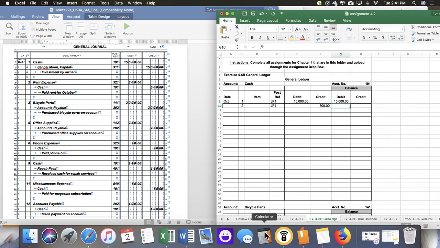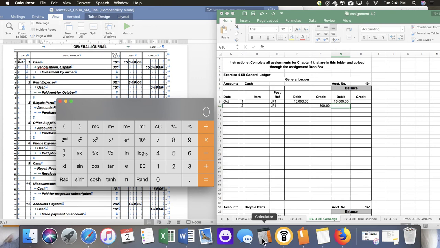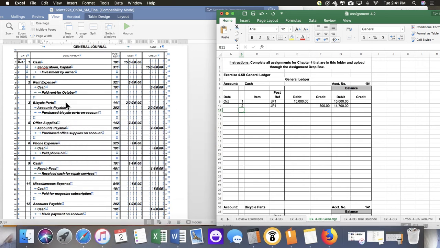So we're going to find the balance. So we're going to take 15,000 minus 300, which is 14,700. Again, even if it was easy mental math, you may want to go ahead and pull out the calculator so that you don't accidentally make a mistake. If you do make a mistake, it does take a while to find your error.